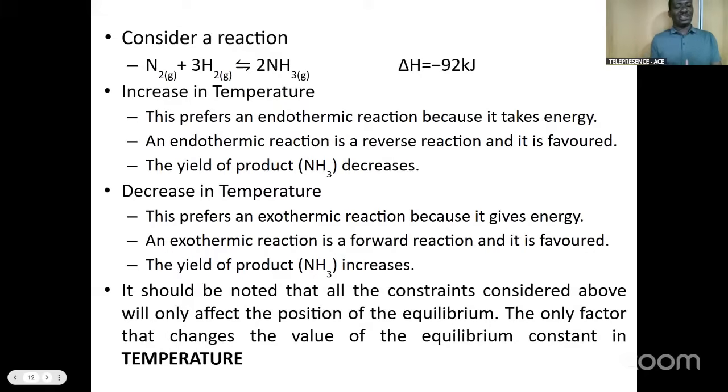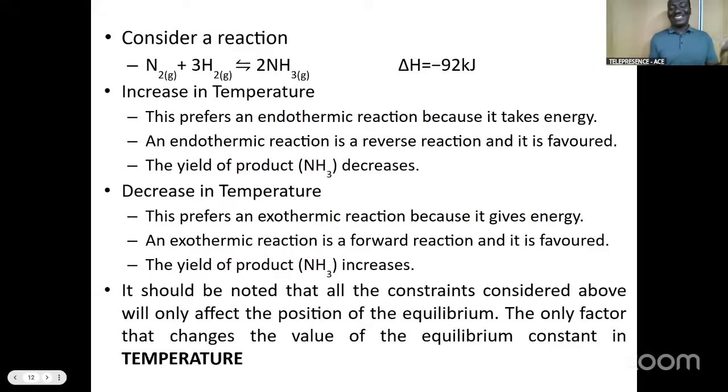So if there's an increase in temperature, then this will prefer an endothermic reaction, because it takes energy. In one word, increase in temperature will not favor the exothermic process, because in that process, energy will be consumed. There'll be a decrease in energy. So the endothermic reaction, which is the reverse reaction, is favored. So the yield of products, that is ammonia, will decrease.